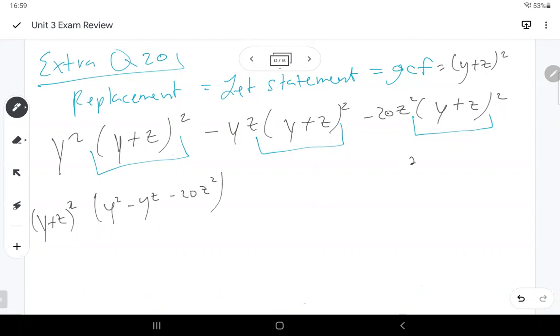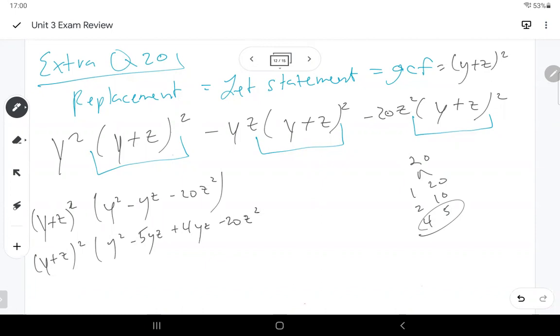So we need factors of 20 that will have a difference of 1. And that's going to be 4 and 5. So it's going to be y squared minus 5yz plus 4yz minus 20z squared.